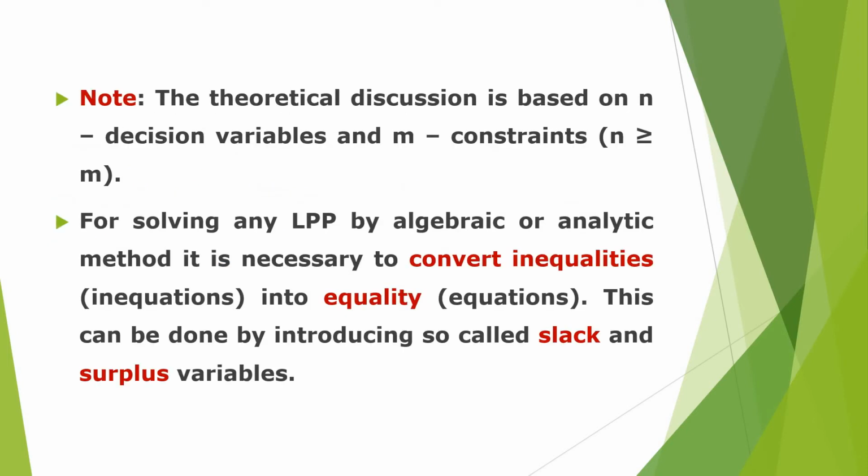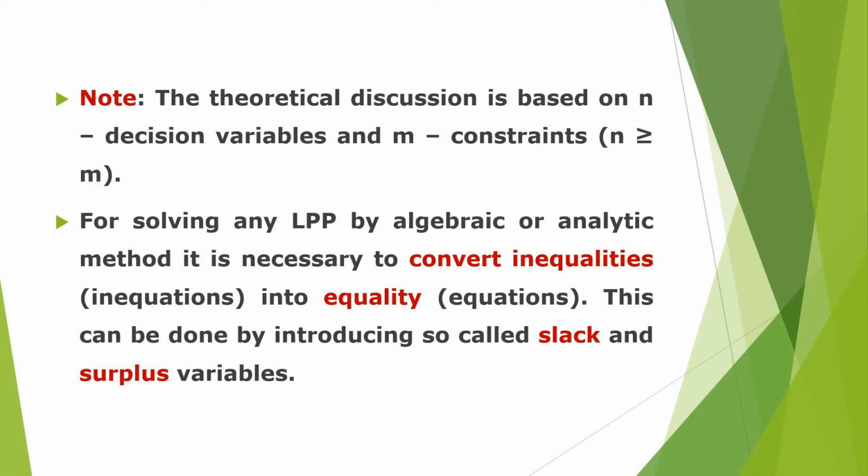The theoretical discussion is based on n decision variables and m constraints, where the number of decision variables is more than the number of constraints. So we can get a unique solution or multiple solutions. For solving any LPP by algebraic or analytical method, what are the necessary steps you need to work out?